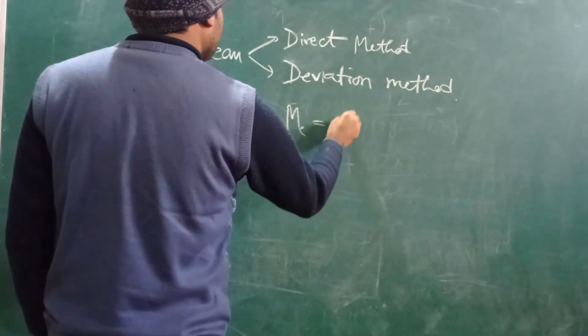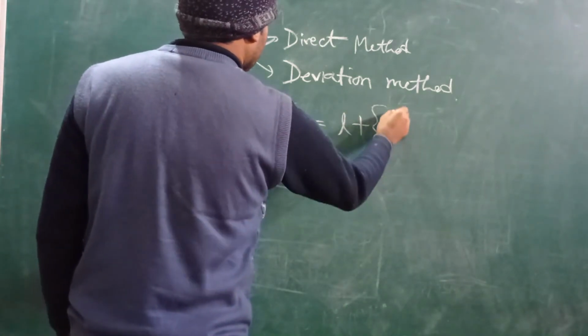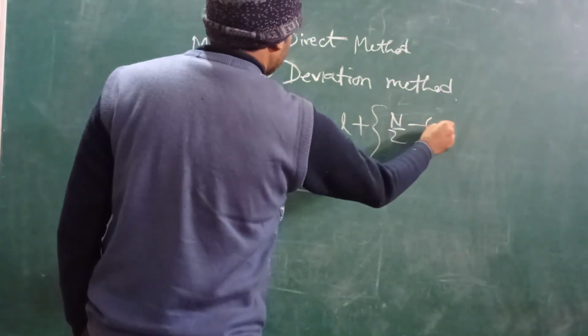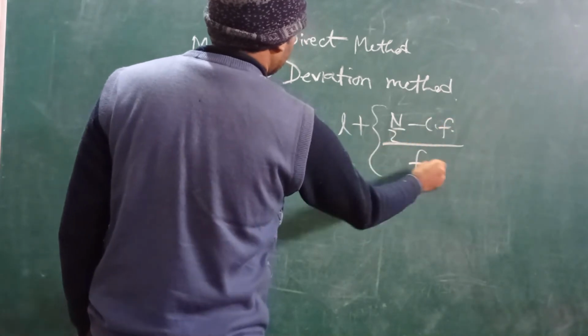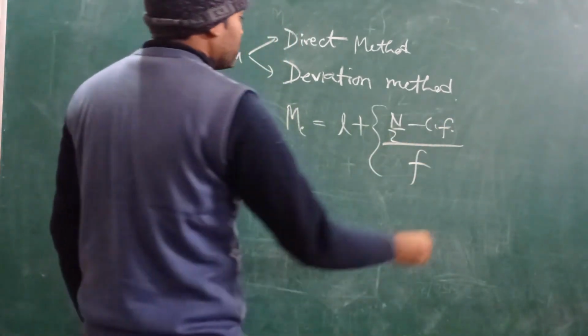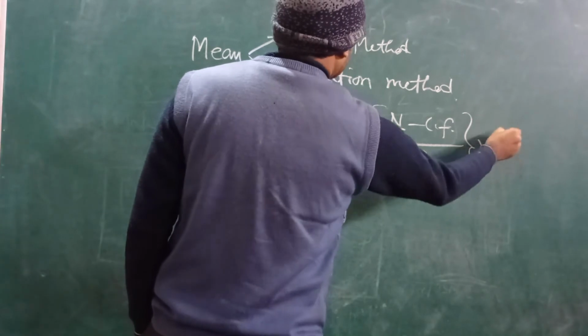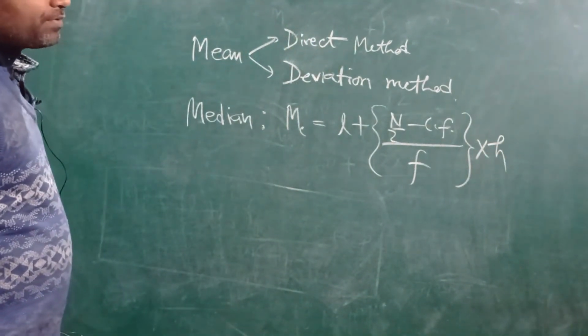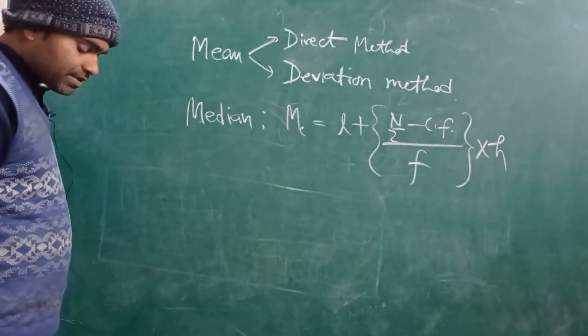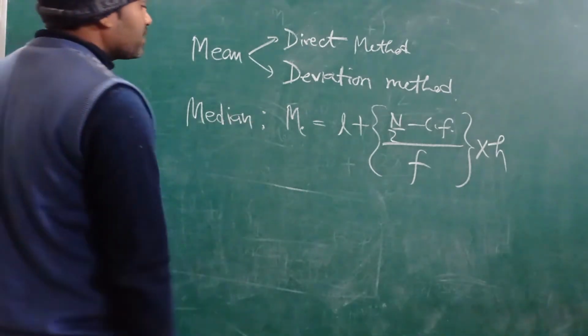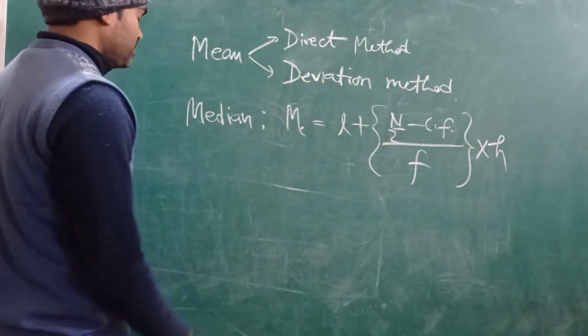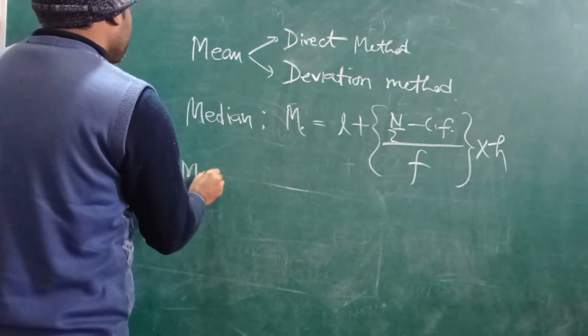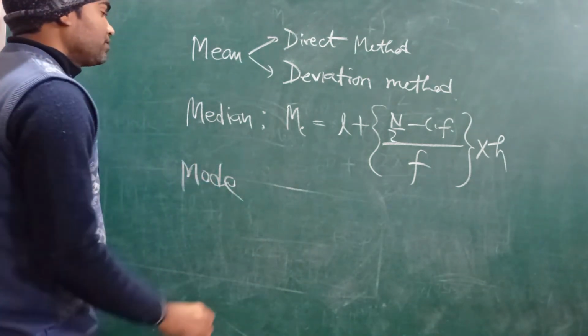Median is given by L plus n upon 2 minus Cf of the preceding class upon f of the median class into h, where n is the total number of terms. In today's class we have discussed how to find the mode.